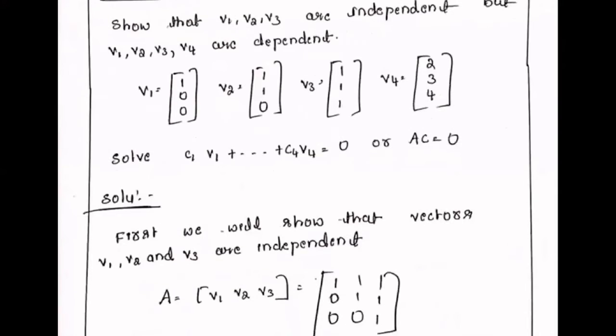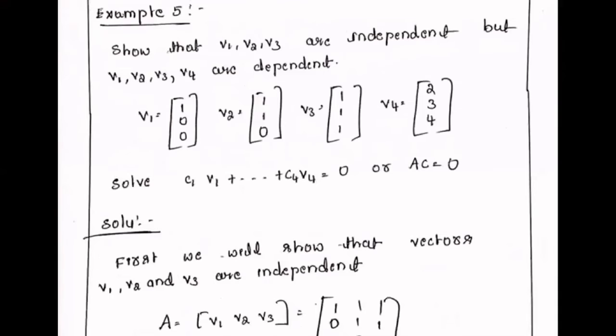Next question is this. Show that V1, V2, V3 are independent, but V1, V2, V3, V4 are dependent. That is the question. So you have to show that the first 3 vectors, V1 equal to 1, 0, 0, second vector V2 equal to 1, 1, 0, third vector 1, 1, 1, are independent. If you consider the fourth vector, 2, 3, 4, you have to prove that it's dependent.